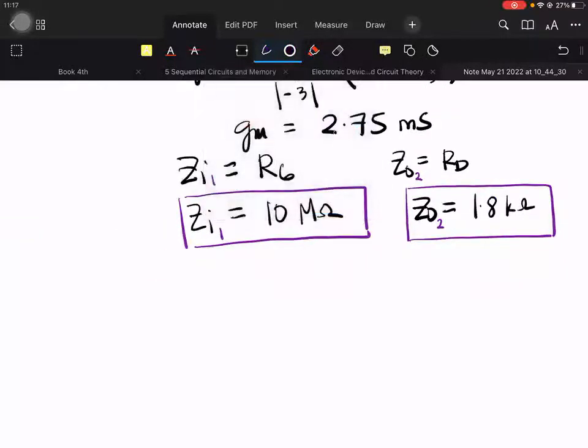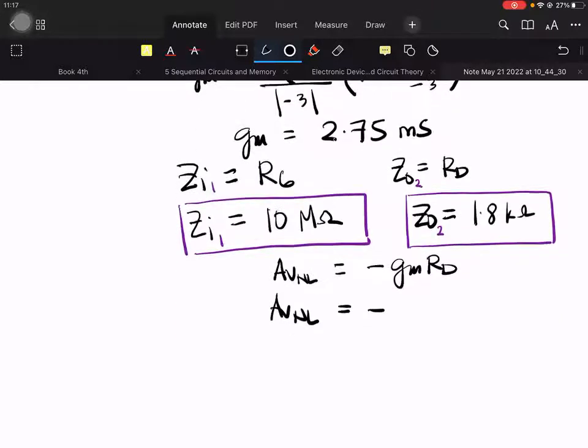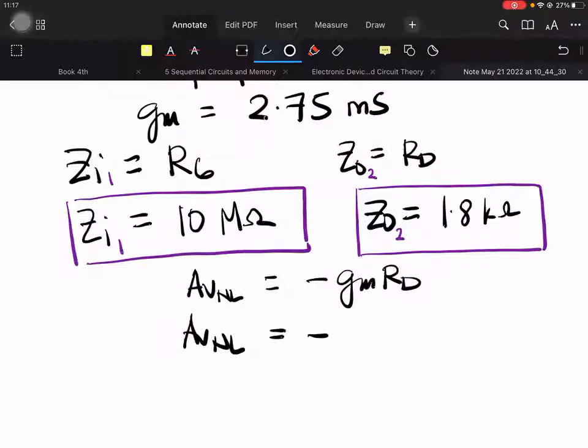Last, unloaded voltage gain, AV and L, is equal to negative GM RD. GM is 2.75 milli.